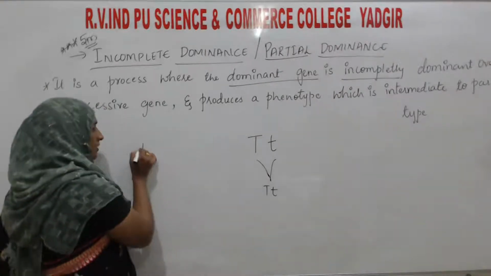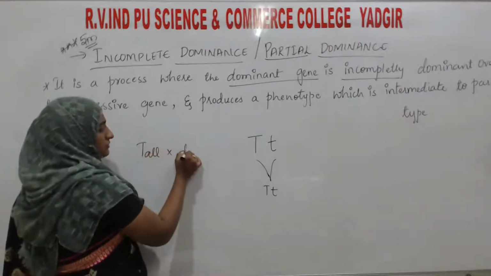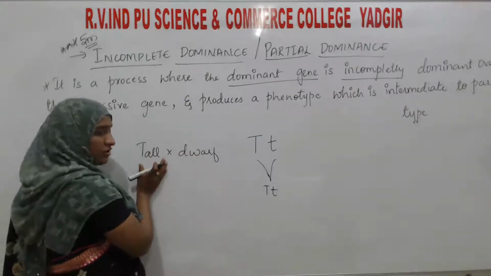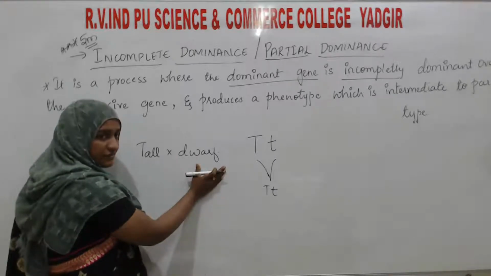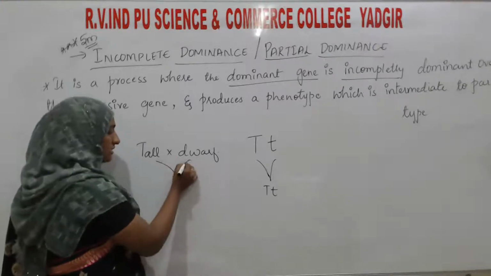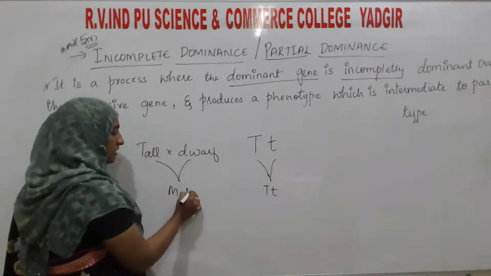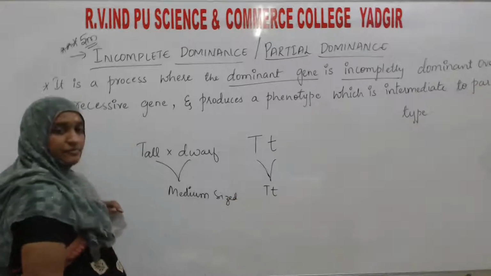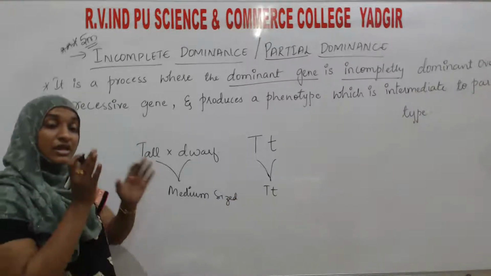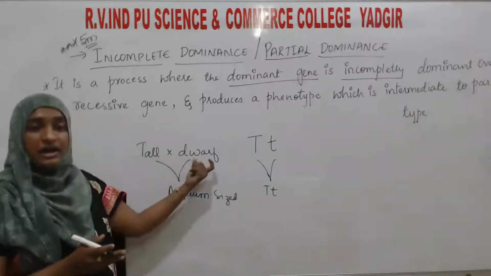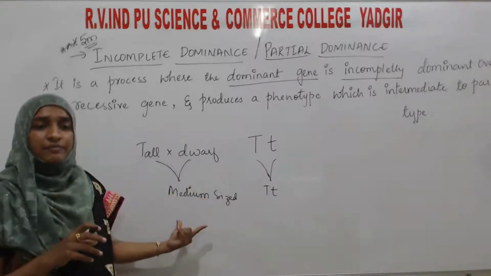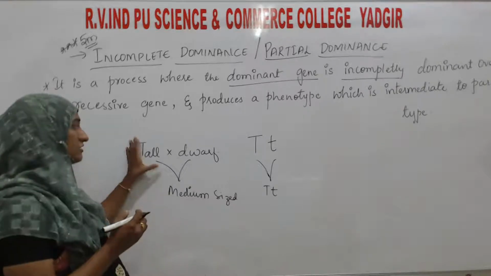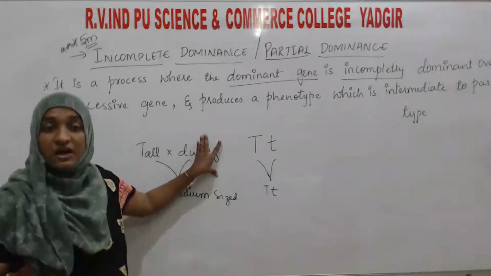Here you see, tall is crossed with dwarf. Tall is the dominant, dwarf is the recessive. We know that if we cross them, we will get a medium sized plant. This is in between the tall and dwarf. Why is an intermediate type offspring produced here? Because the tall is incompletely dominant, not completely.